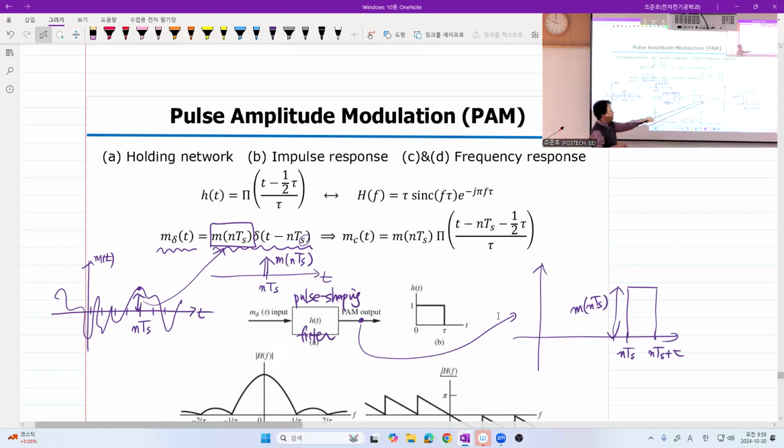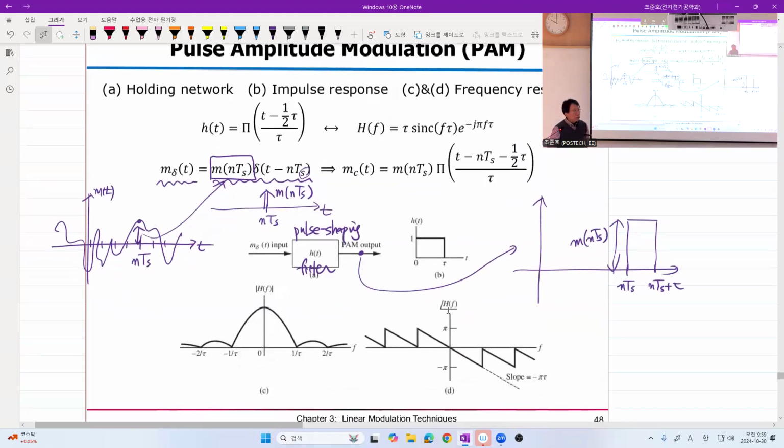Sometimes this pulse is the so-called square root raised cosine pulse. Something like that. So be careful. Pulse amplitude modulation: the original idea is to use a rectangular pulse. It is no longer the only definition of pulse amplitude modulation. You may employ other pulse shaping filters. Got it?